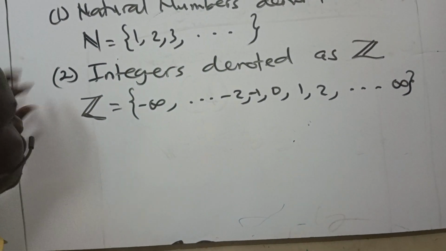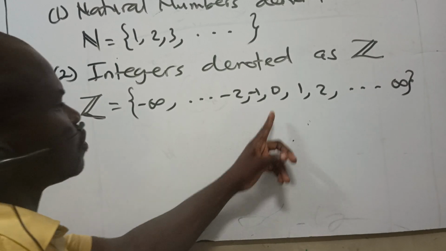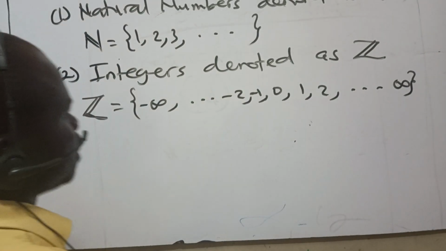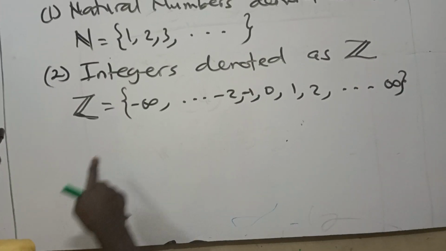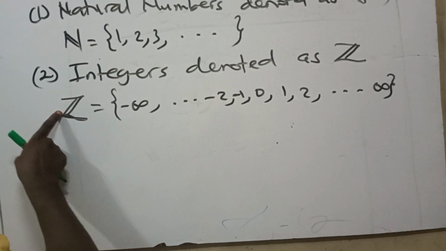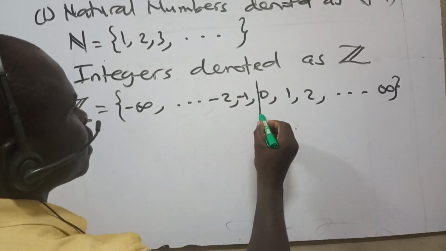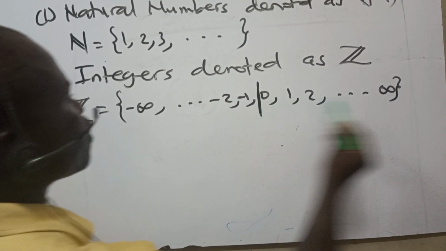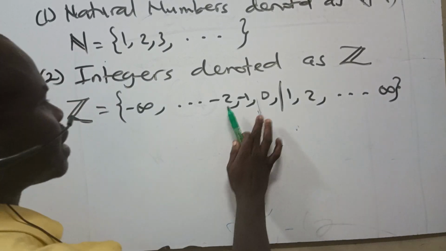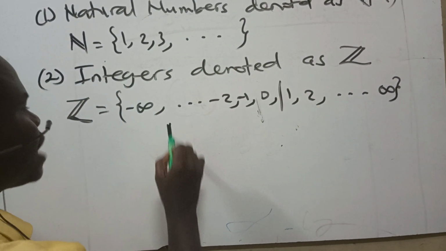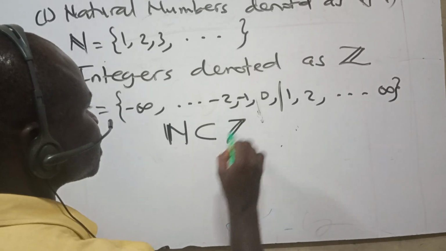So integers start from negative whole numbers, 0 inclusive, then positive whole numbers. And as we have it on the board, natural numbers can be regarded as a subset of integers. That is, if we start integers from here, the set from 1 up to infinity is the set of natural numbers. So natural numbers are subsets of integers.